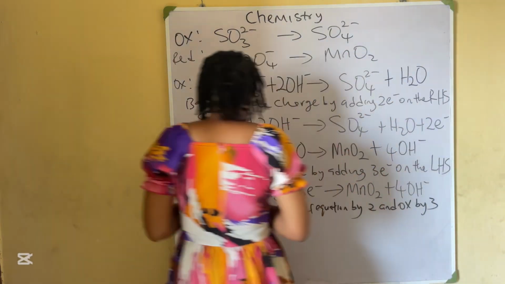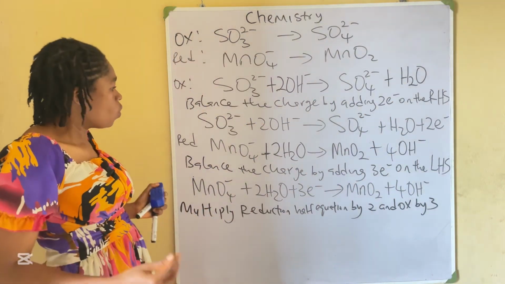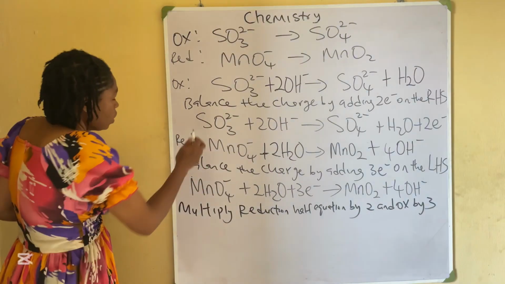Okay, so this is multiplying so that the electron loss will be equal to what? Electron gain. Oxidation by what? 3.